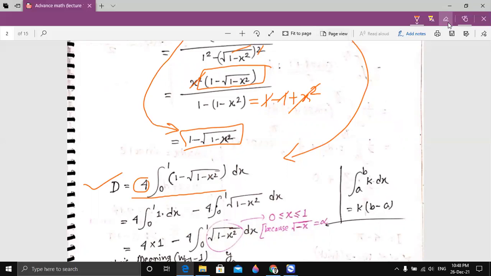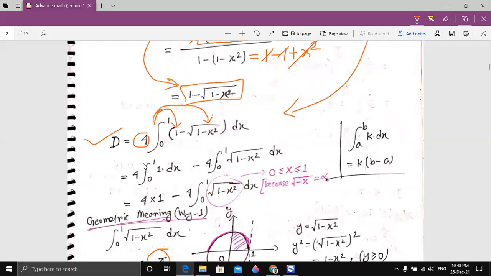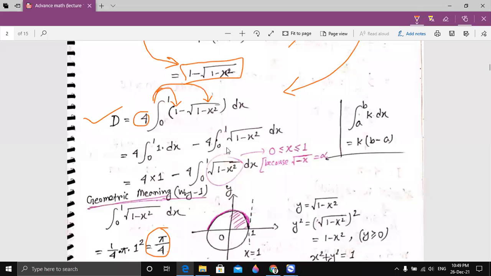And now I can divide the integration sign here and also here. So they will make integrations. Again, the network issue.